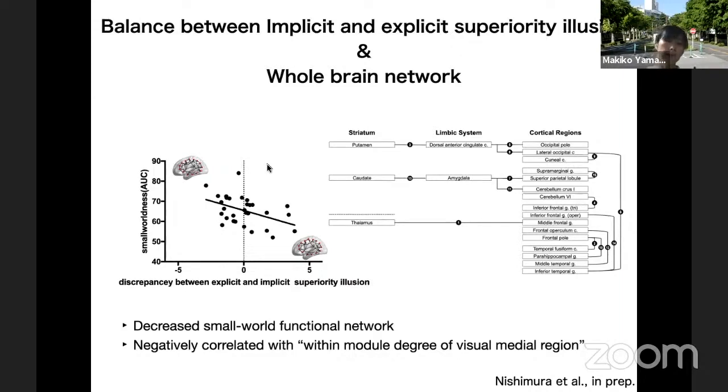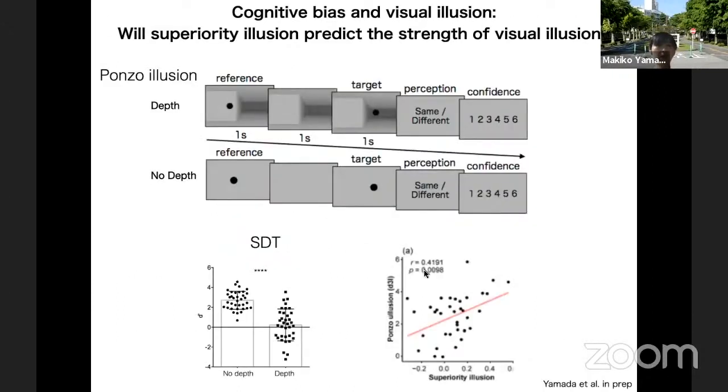And in this other study, again, we found that the visual medial region is somehow associated with the superiority illusion. So in the next study, this is a behavioral study, we tested if superiority illusion is associated with the strength of visual illusion.